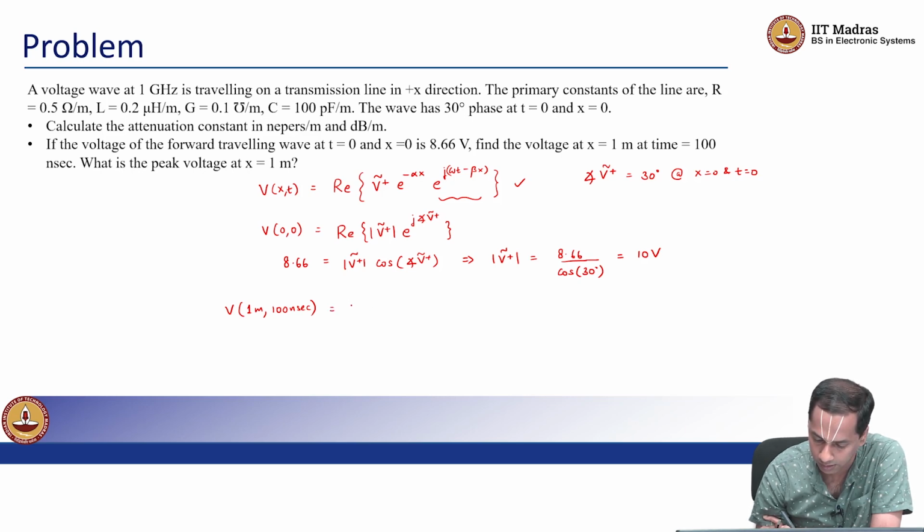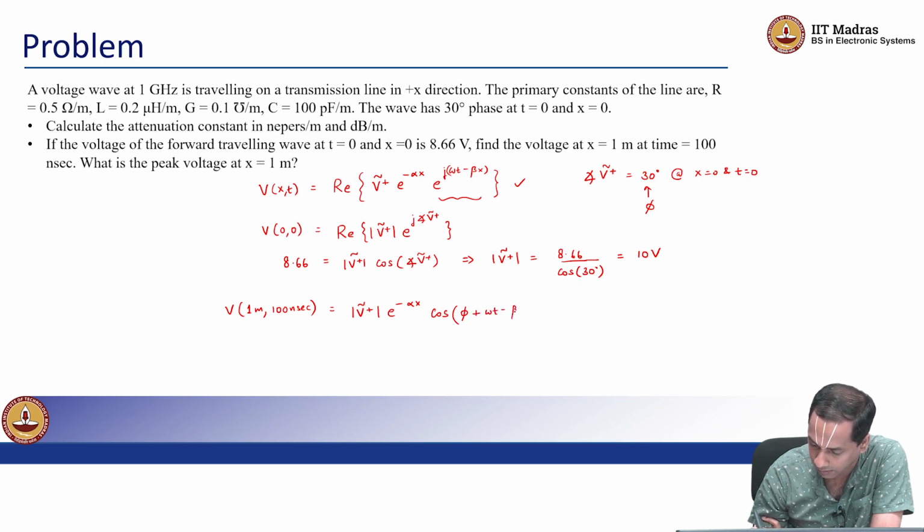So all I have to do is, so the real part of this can simply be written as modulus of V plus e to the minus alpha x cosine of, let's call this an initial phase phi, plus omega t minus beta x.